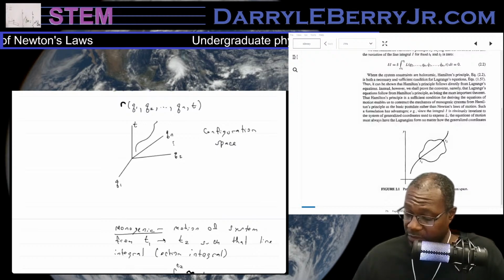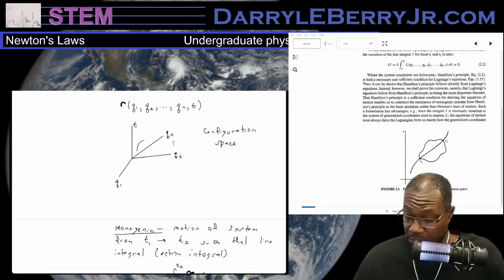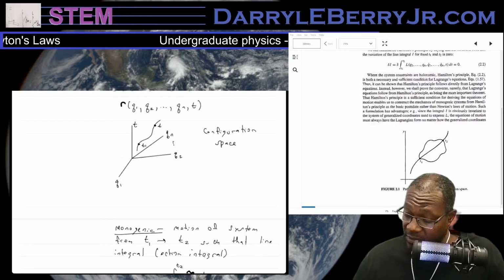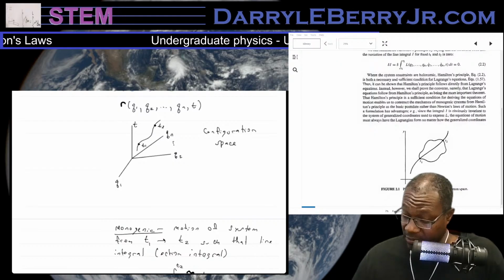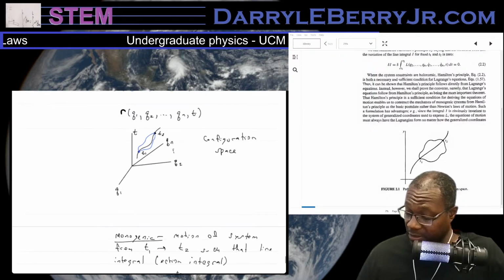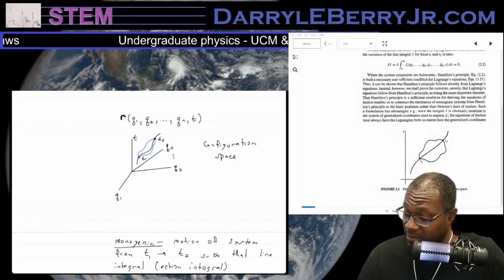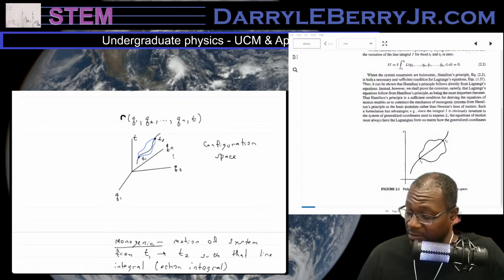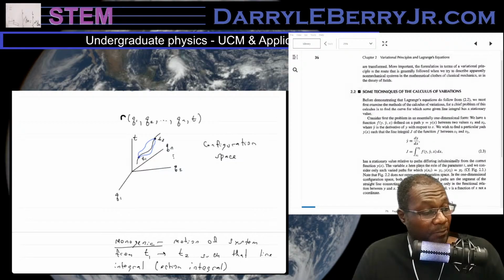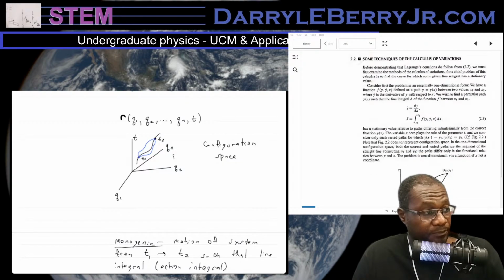So if I have a path going through this space, T1, T2, the varied paths will be these paths that end at the same place. So it's important that the start and end of the varied paths are the same as the original path. But the idea is that as long as the varied path is not that different, we can derive some things.